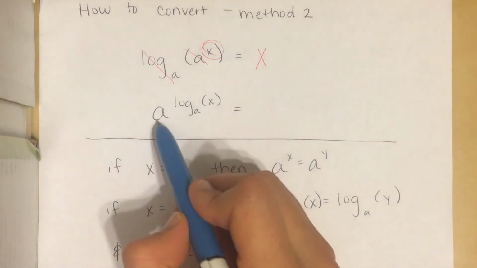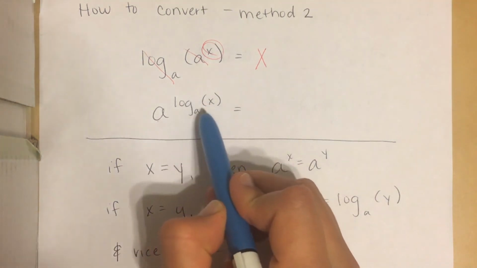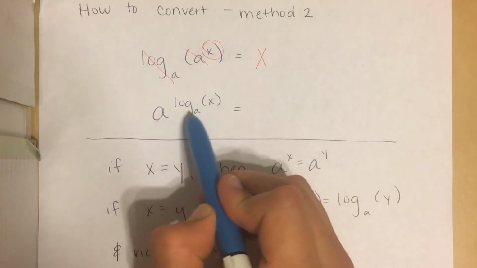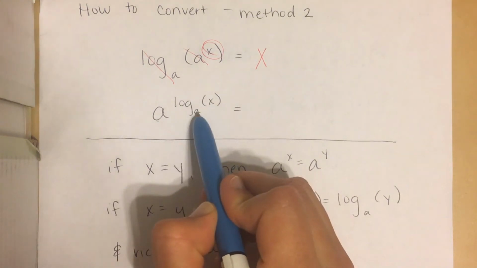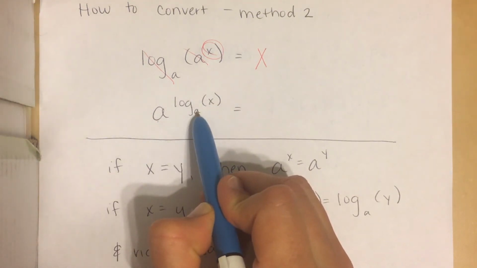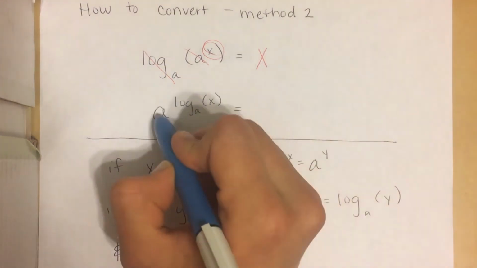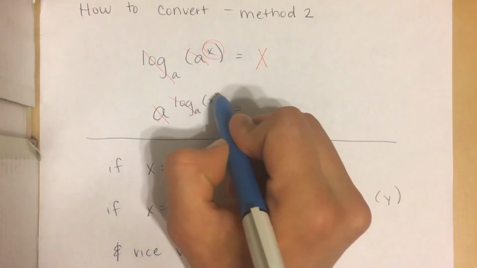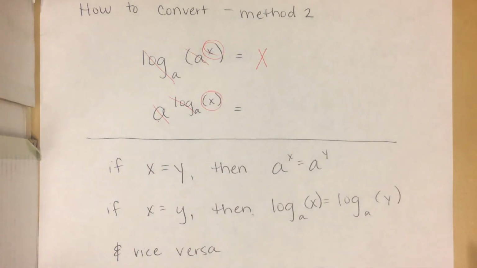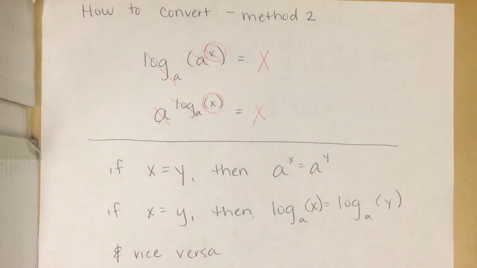Same idea if you have an exponent, and in your exponent is a logarithm. If these two bases are the same, and they could be different on your homework, so you have to be careful, they cancel each other out, and you're just left with whatever was in your parentheses here. It's no longer in the exponent spot, it's just a normal expression.